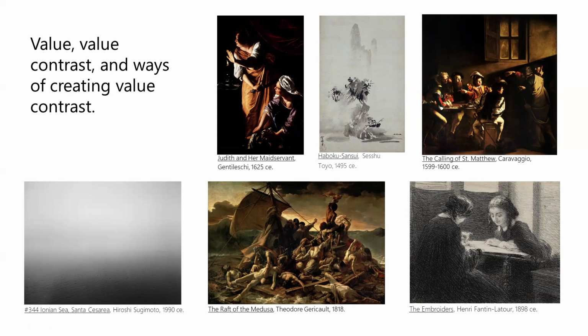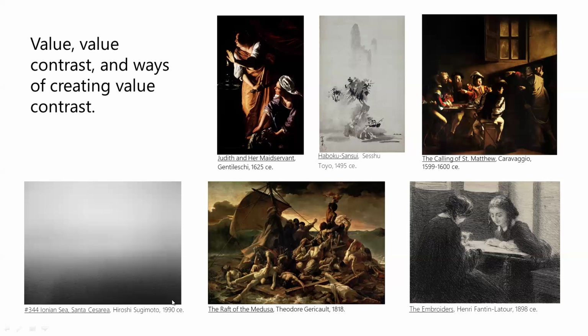The actual contrast, the difference from the absolute lightest light to the absolute darkest dark in this composition, is actually greater than the contrast here. But this image feels more contrasty because we have places where the darkest dark is right up against pretty light lights, right?